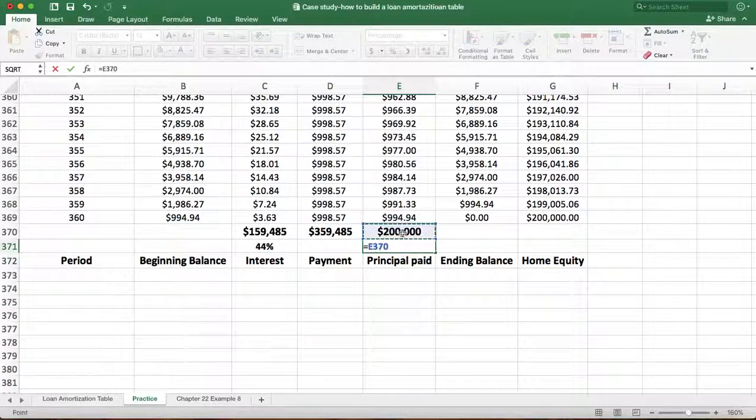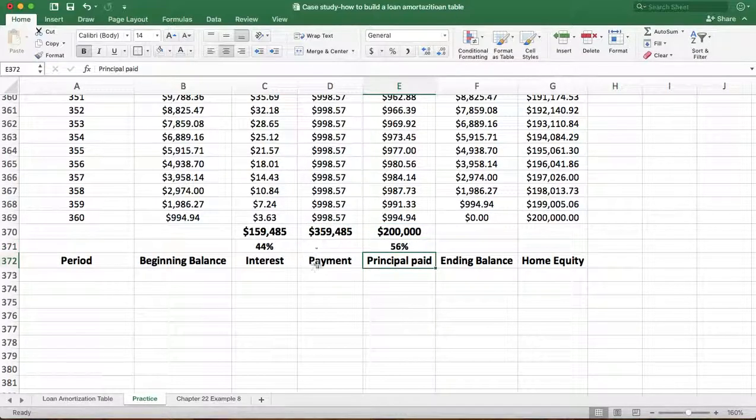Around 56% goes to principal. Around 44% goes to interest.